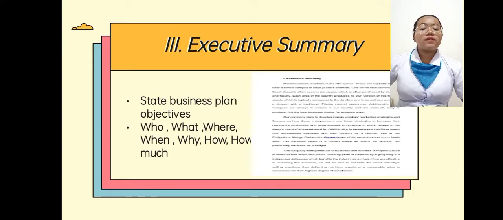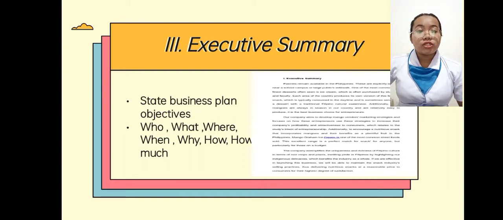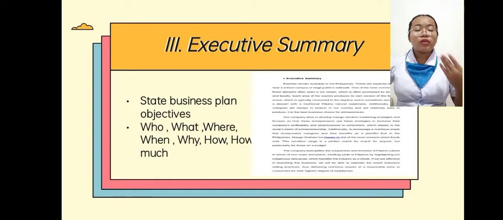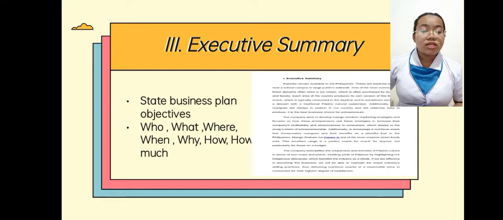Next slide, we have the executive summary. It describes the business structure, goals, and purpose, as well as the production of your product, and talks about your product and overall marketing strategies.